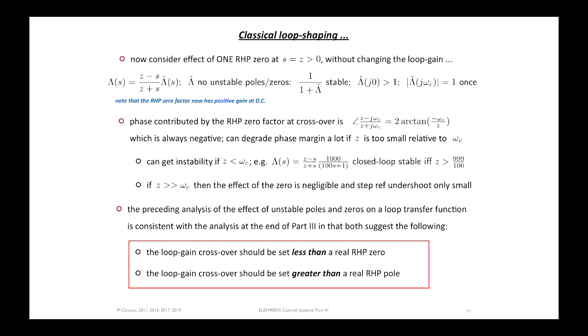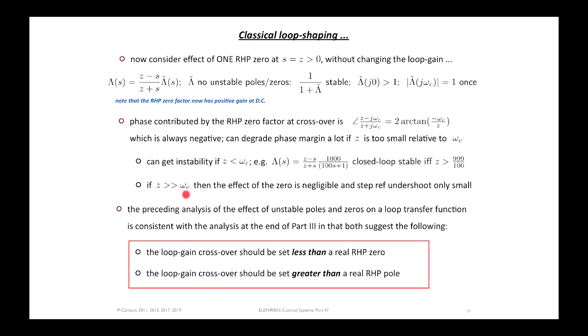How much it reduces depends on the location of that right half plane 0 relative to the crossover frequency, right? If it's much bigger than the crossover frequency, then you hardly get any phase lag, so it's not going to change things very much.